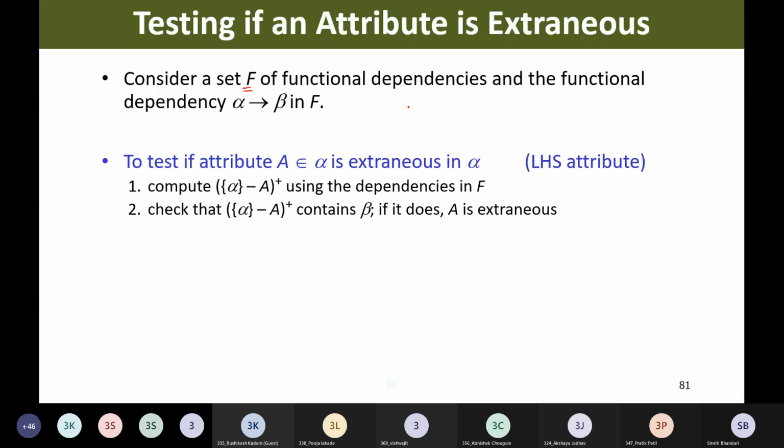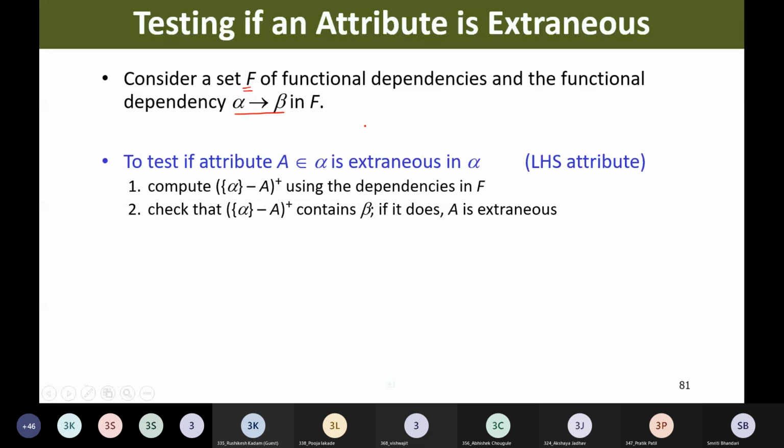Now, to test if attribute A that belongs to left hand side alpha is extraneous, we need to follow two steps.